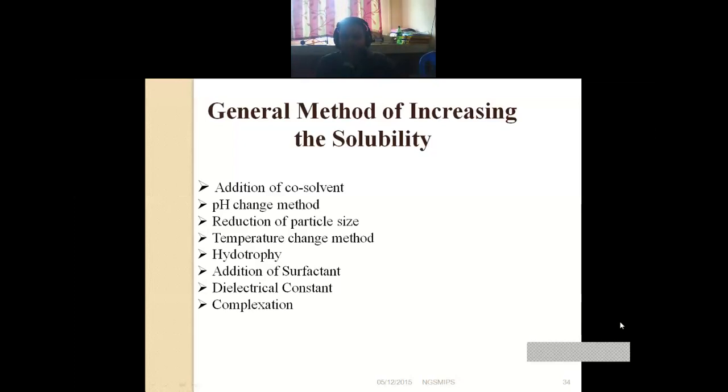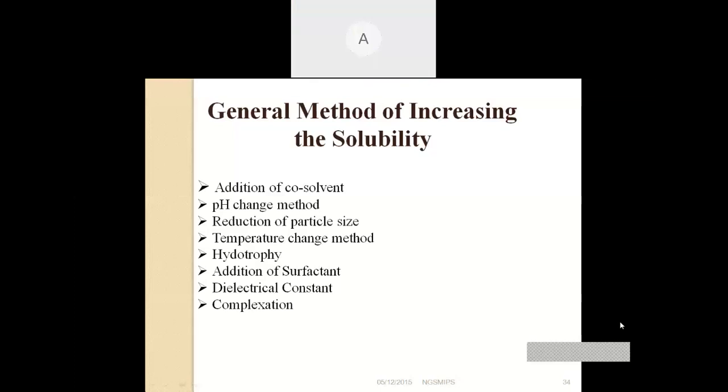So, I am again telling you, I have already discussed, if you are using the mouth dissolving technique, what is the pH of our buccal cavity? Your voice is hazy, sir.